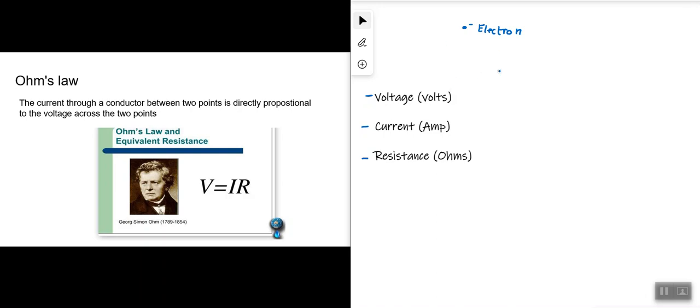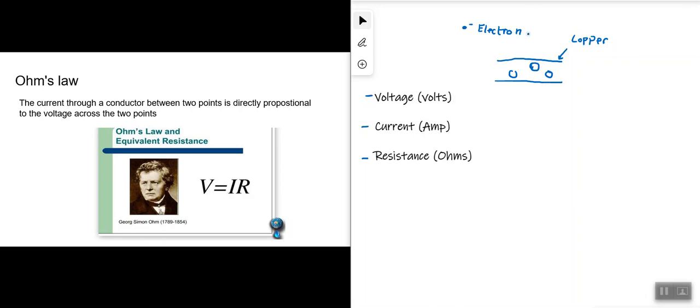So if we think about electricity, essentially it's the movement of electrons through materials that will allow the electron to move through them. So if we take this here as an example, let's imagine this is a piece of copper wire.